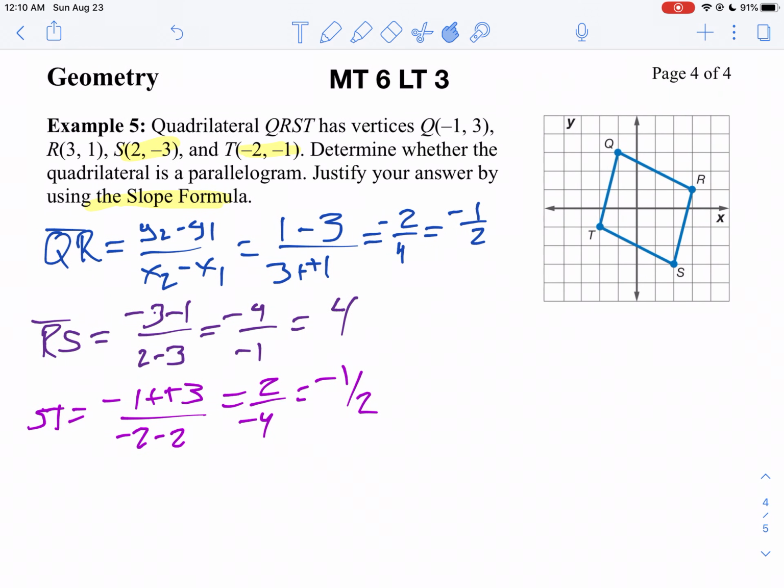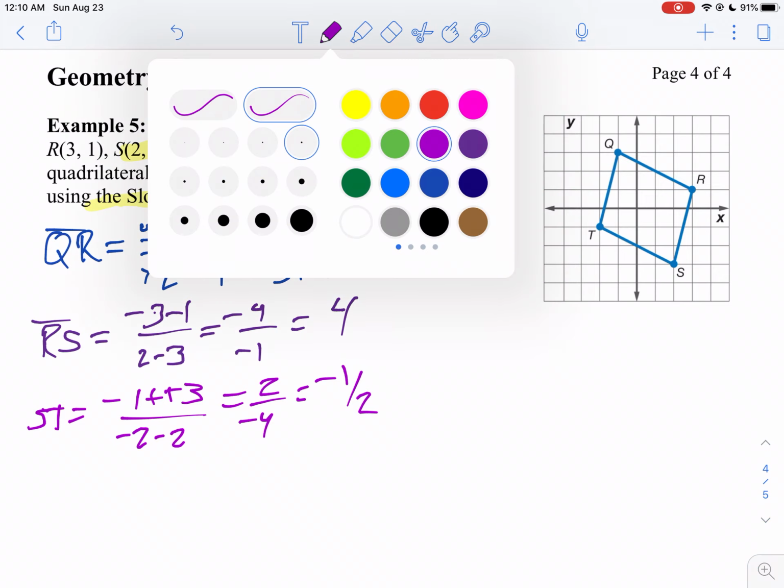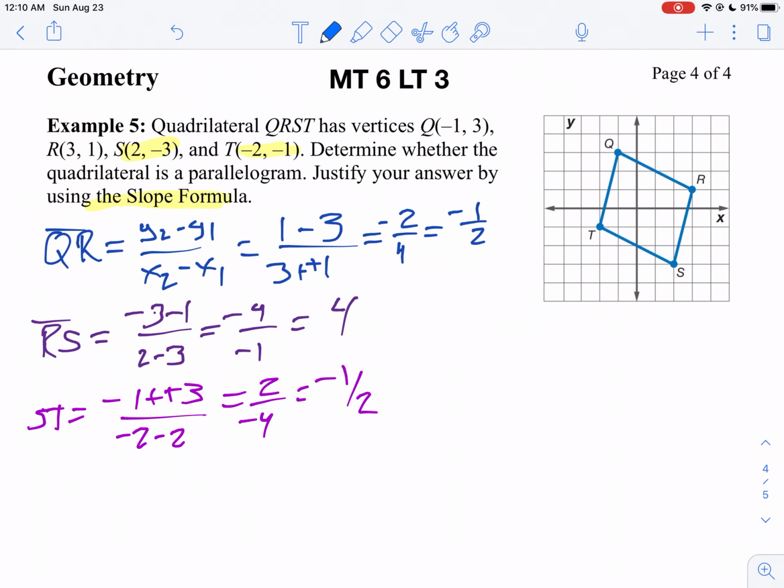Last, let's do Q to T, or T to Q, depending on how you look at that. So we're going to go T to Q. Back to the beginning.